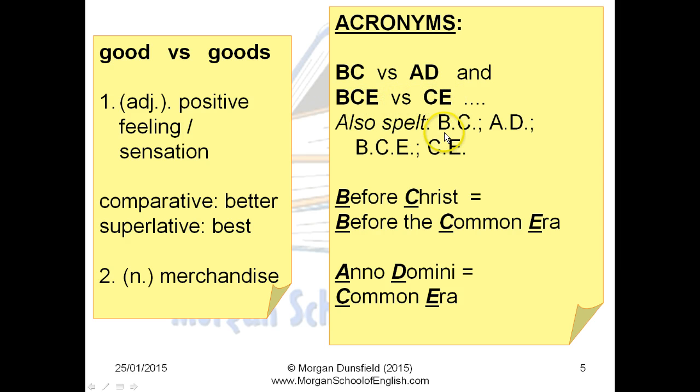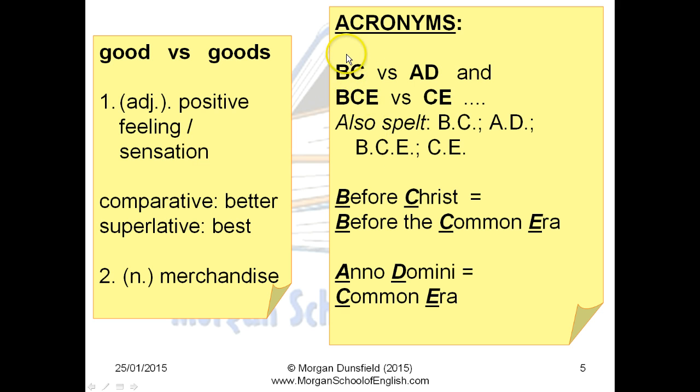And they can also be spelled B period C period, or A period D period, B period C period E period, or C period E period. Just make sure that there is no space between the letter, the period, and the letter.